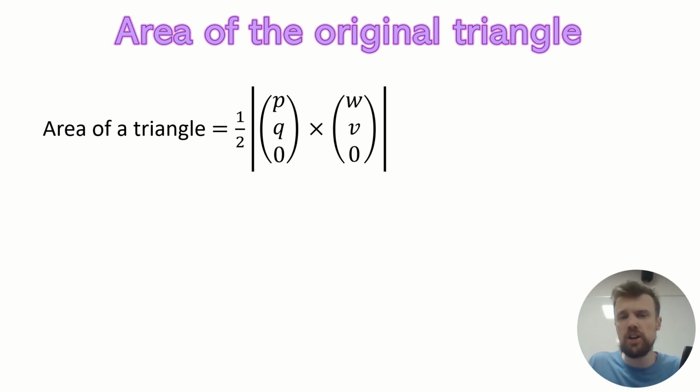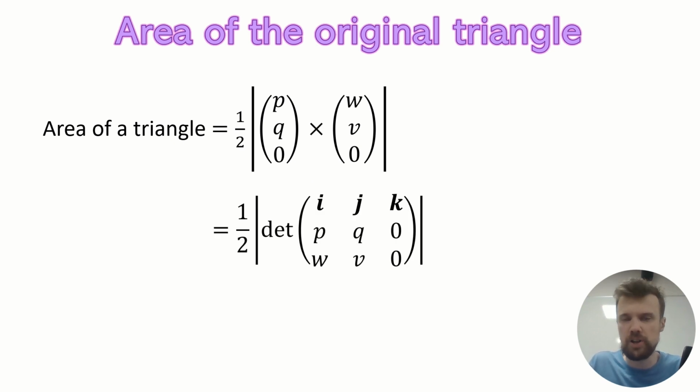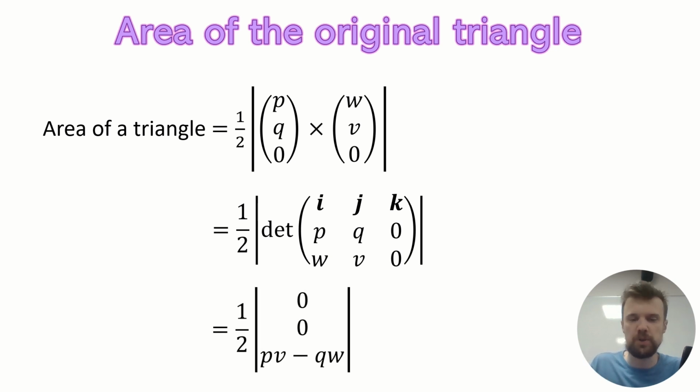I'm going to do the determinant method for the cross product, and that's actually going to be quite nice because a lot of the components for this cross product will end up being 0. You're going to have q times 0 minus v times 0. You're going to have p times 0 minus 0 times w. So the only part of that vector will end up being the bottom one that has letters in, which will be p times v minus q times w.